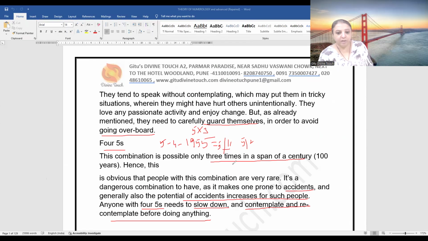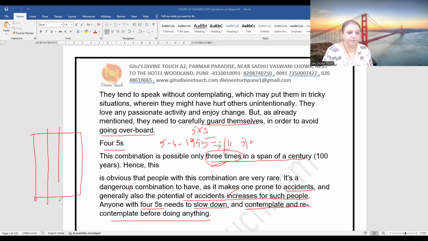Though this date will come only 3 times in a span of a century, you can predict about accidents. What we do is, when we form a grid, suppose I want to do a prediction for this year for somebody who is 54 in age, and we'll take this date of birth, 5th April 1955.